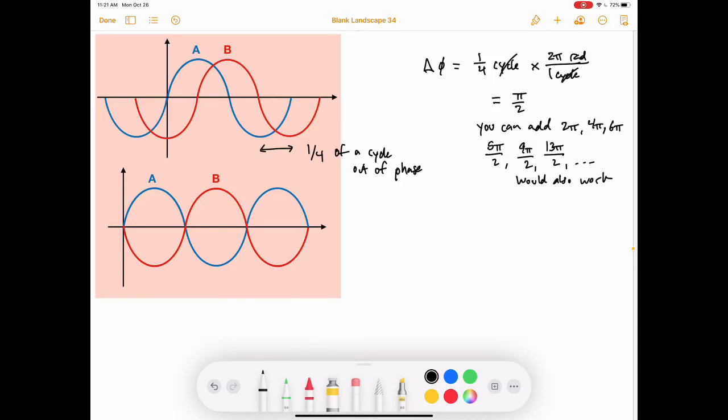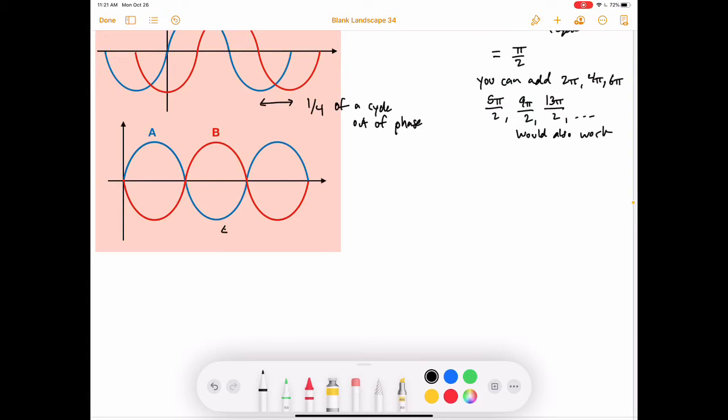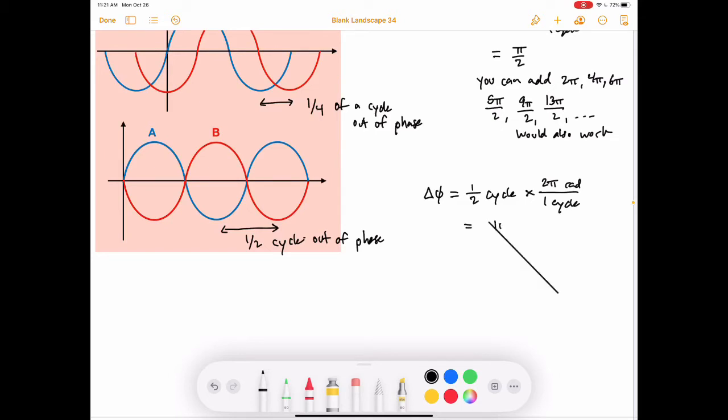Okay? Now for the second example, on the second graph at the bottom of the page, if we compare the two waves, we'll see that they're exactly 1/2 of a cycle out of phase. So the phase difference, delta phi being 1/2 a cycle, if we convert that to radians, where again one cycle corresponds to 2 pi radians, this would be pi. Okay?